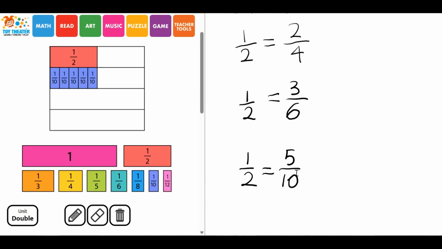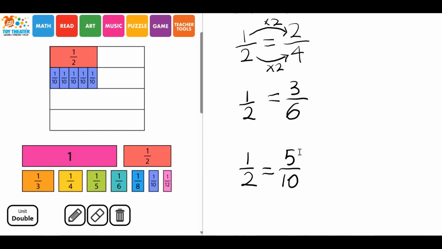Do you notice a pattern here? Actually, there is a pattern. From half, let's say we want to get 2/4. We actually multiply our numerator and denominator by 2. What about 3/6?